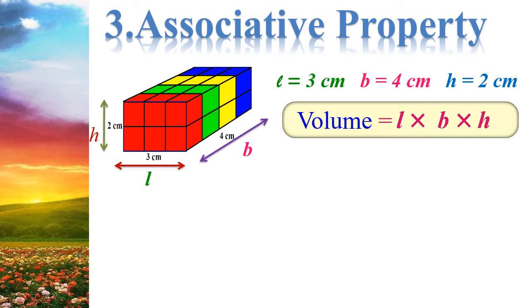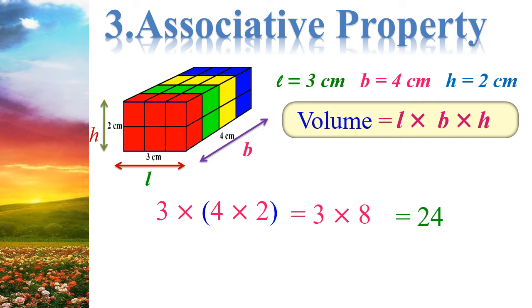Now, we need to multiply 3, 4 and 2. Here, we find the value in 2 ways. First, we multiply 4 and 2 and then multiply 3. Therefore, 3 into 8 equal to 24.